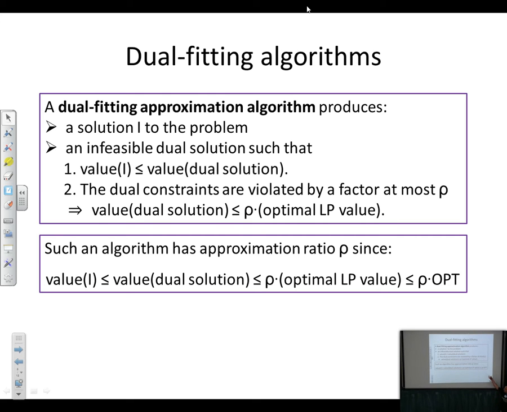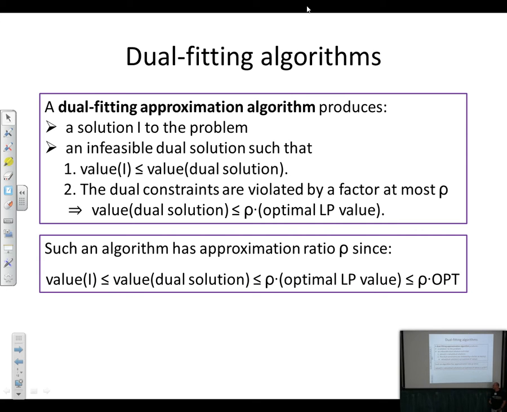So the dual solution fully pays for the primal solution, and the dual constraints are violated by a factor at most rho, which means that the value of the produced dual solution is at most rho times the optimal LP value.